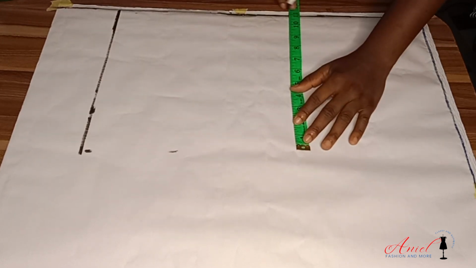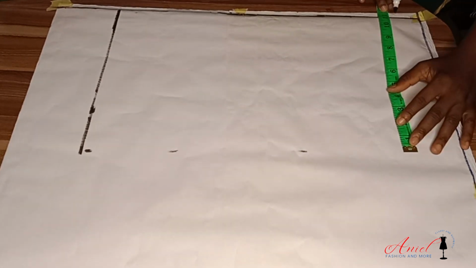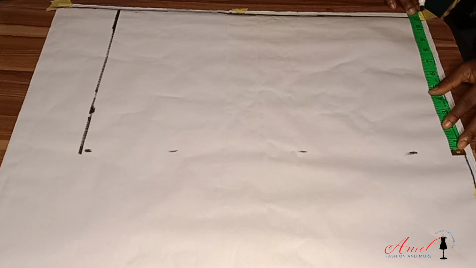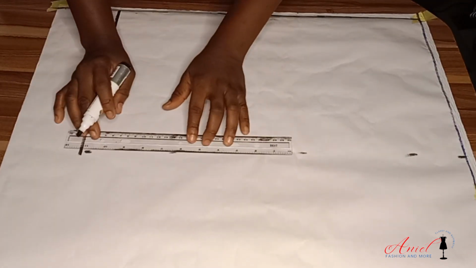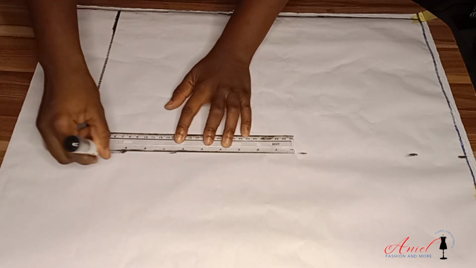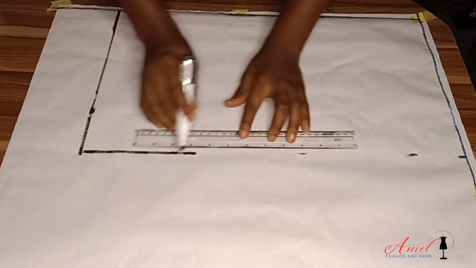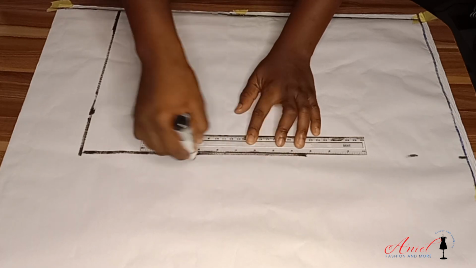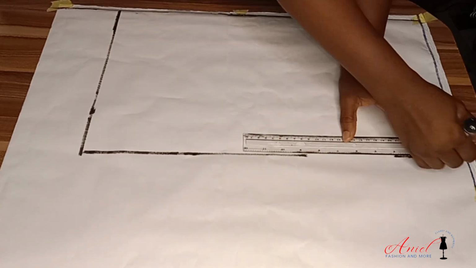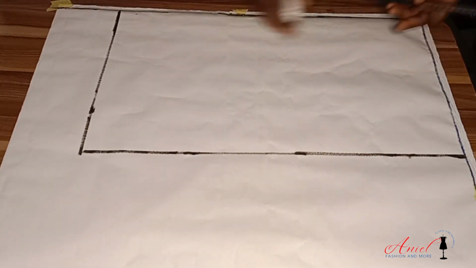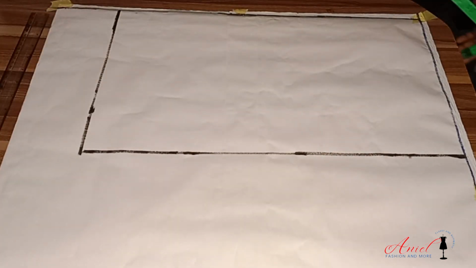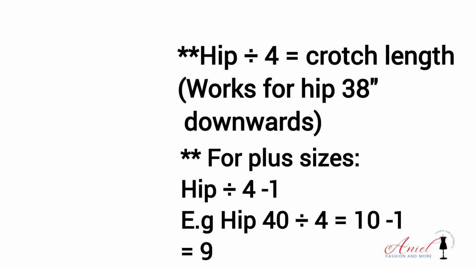Some can be on your knee, some can be on your hip area, depending on what you are trying to draft. So also I divided my hip measurement by 4 and I added an extra 3 inches. I like having enough workroom for my pattern drafting, or when I'm drafting directly on cloth. So that's what I am trying to create here, this rectangular line. And this is the front pattern.